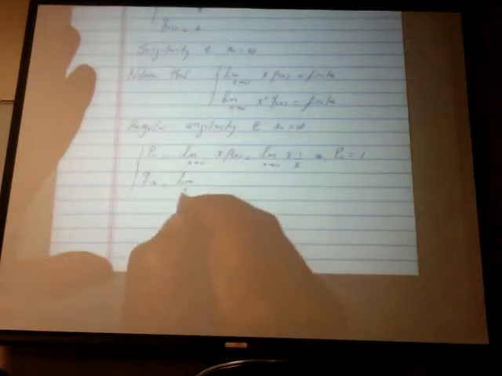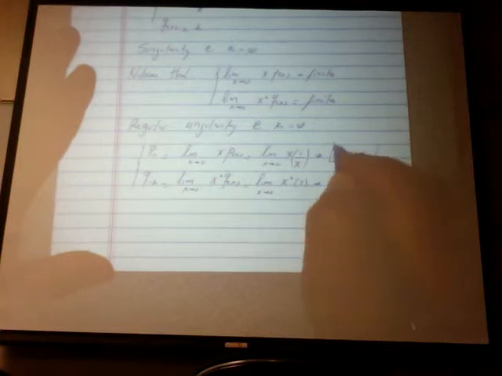And q minus 2 is equal to the limit when x goes to 0 of x squared q of x, which is equal to the limit of x squared times 1. So what is q minus 2? 0. It's finite. Okay, 0 is a finite number.